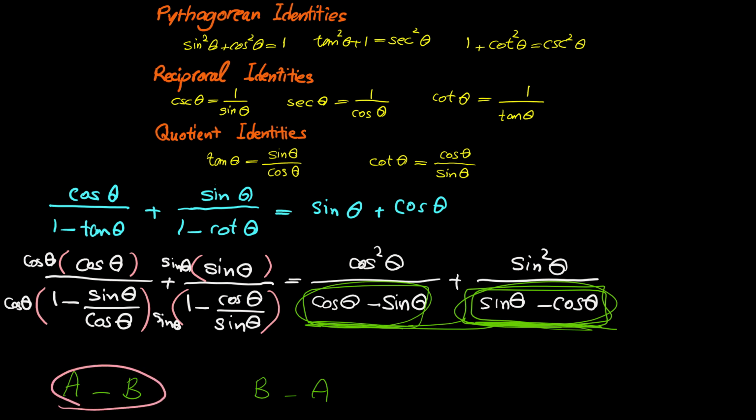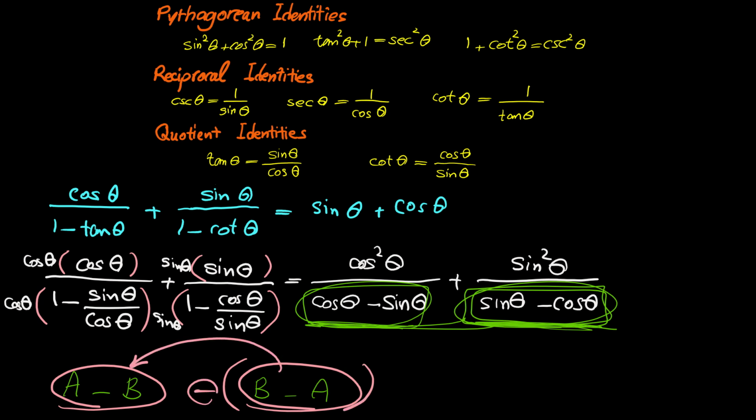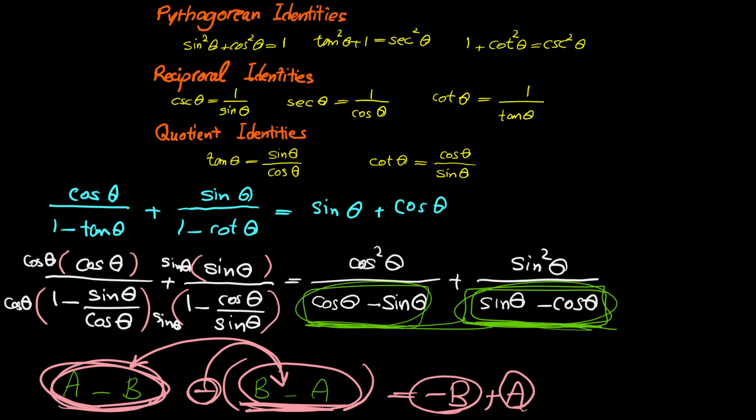A minus b is the negative of b minus a, which means that if we multiply this by a negative, it would be that expression. The negative of b minus a is exactly a minus b. Let me tell you the reason. If we multiply negative by b, then we have negative b. Negative times negative a is plus a. A minus b is exactly this.